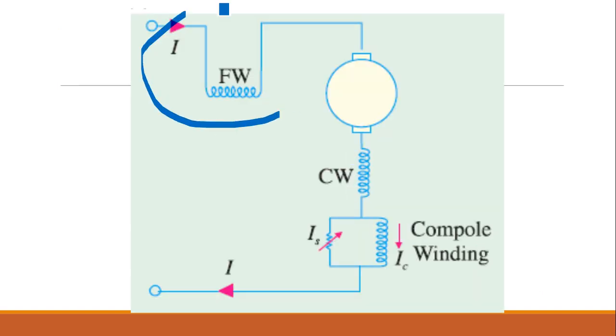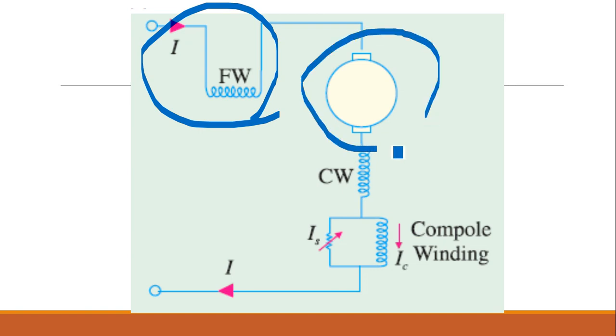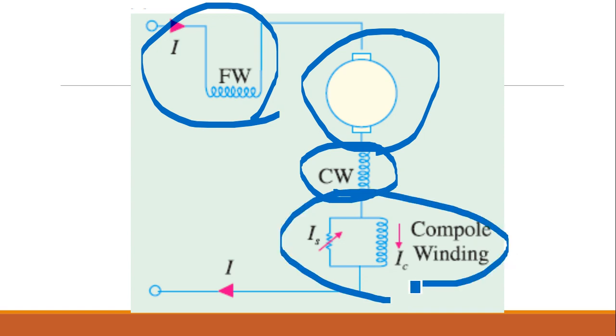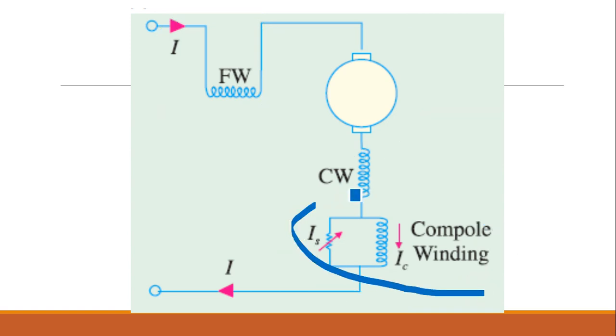So the field winding is available, the armature winding is available, the compensating winding is also available, but now we'll be doing something else. It is known as the compole winding. There may be bad commutation and heavy sparking, because it has a lesser reactance.